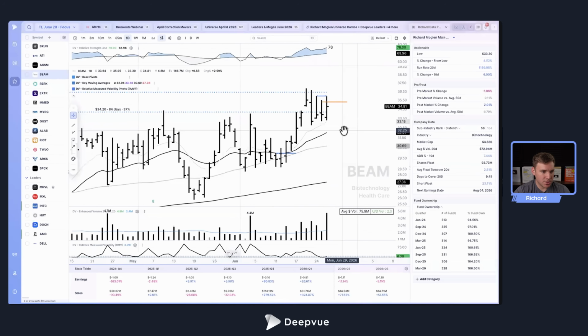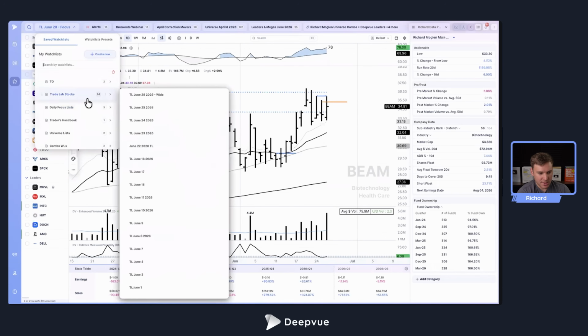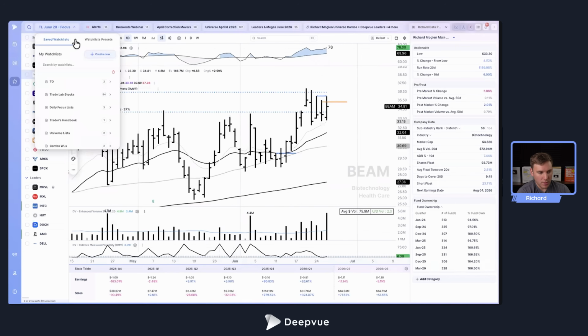Do you save stocks in watch list for later, or are you confident that you'll find them again the next day? So all these are saved. So it's saved TL June 28 focus. I save all these watch lists each day, and I've got TradeLab stocks watch lists, so I can go back and review all those watch lists as well as I can go actually read back my report from a day.